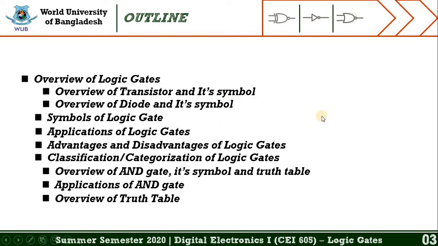You will learn about logic gates, what the symbol of a logic gate is, or how a logic gate looks, what the applications, disadvantages and advantages of logic gates are, what the classification or categorization of logic gates is, and so on. So let's start with the overview of logic gates.